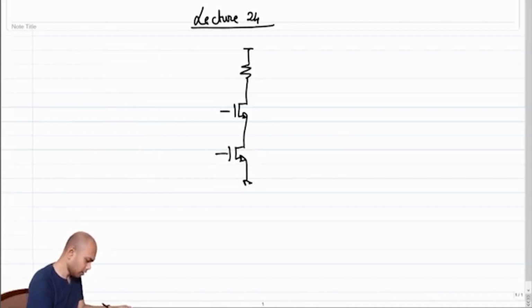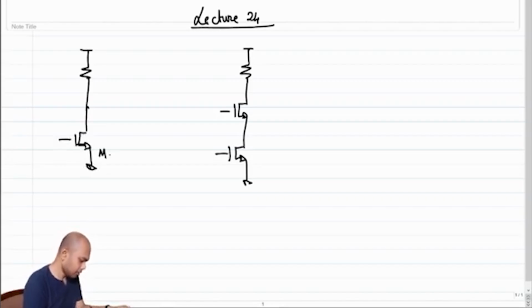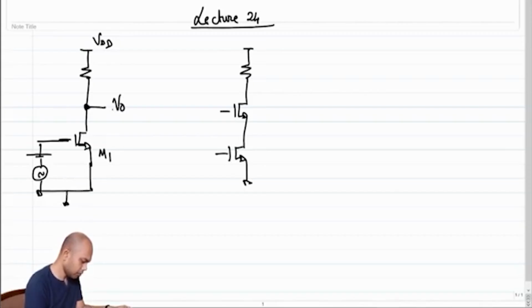So the original structure that we had was this. Let's call this M1. We had to bias this, apply an input, and take the output from this node.